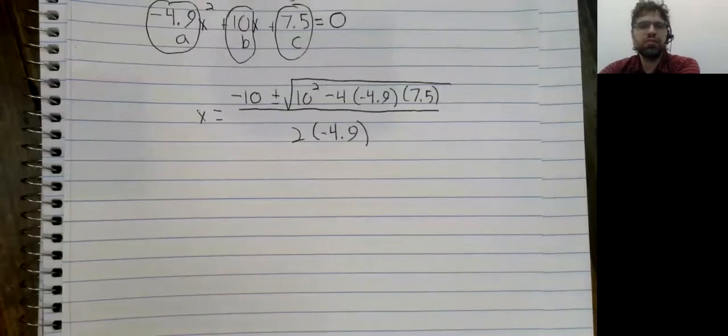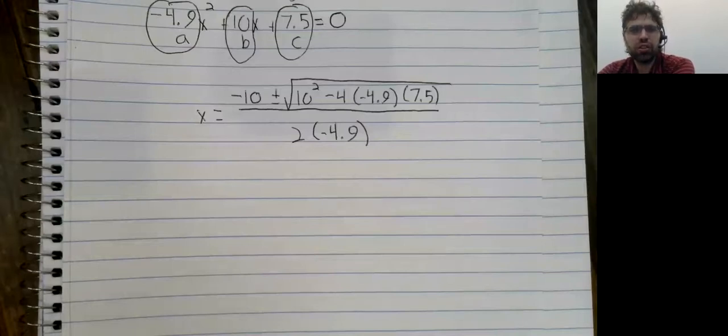So when things go wrong, they usually go wrong here. Just because this is such an ugly looking thing, there are several places you could make a mistake.